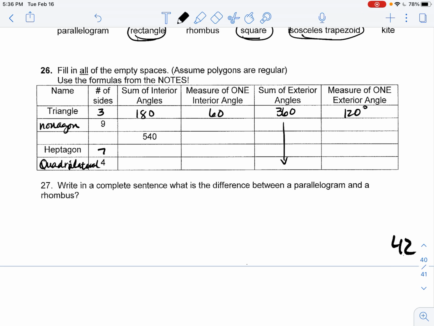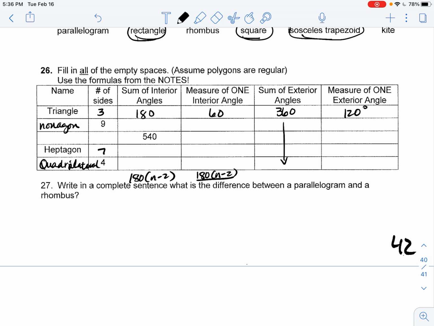A nonagon. Okay, so let's see. We have some formulas. I'm going to go ahead and find those formulas and let's write them down. Sum of the interior angles, this formula is 180(n minus 2).